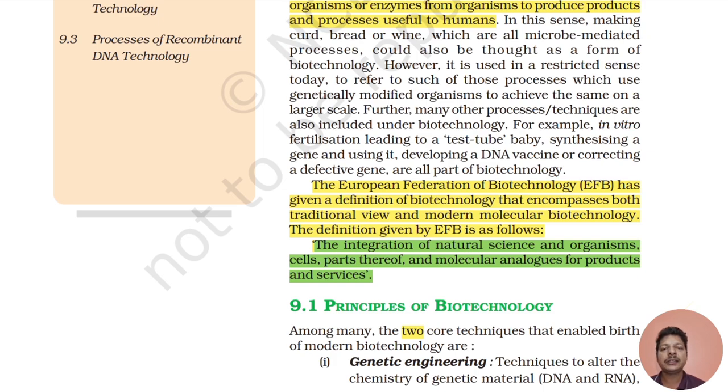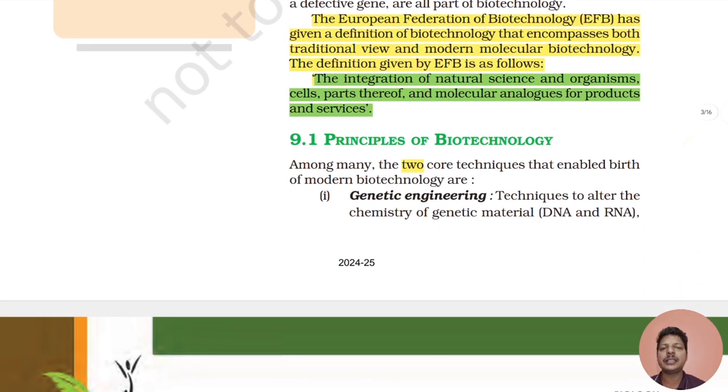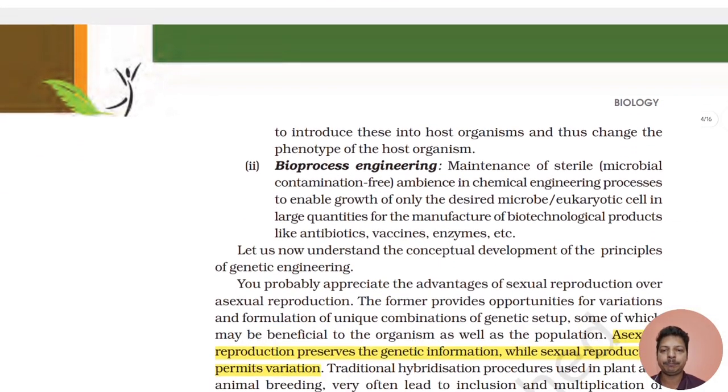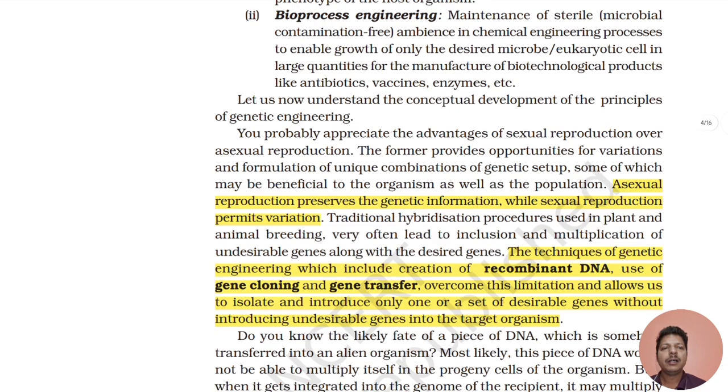And the definition is the integration of natural science and organisms, cells, parts thereof, and molecular analogues for products and services. Coming to principles, there are two, genetic engineering and bioprocess engineering.